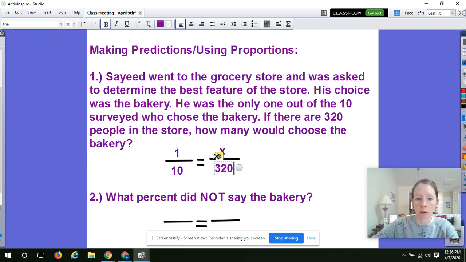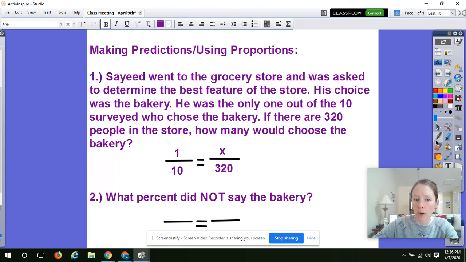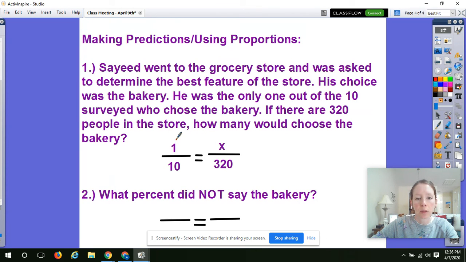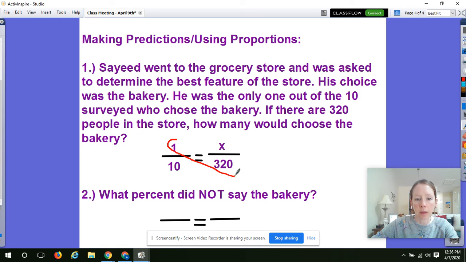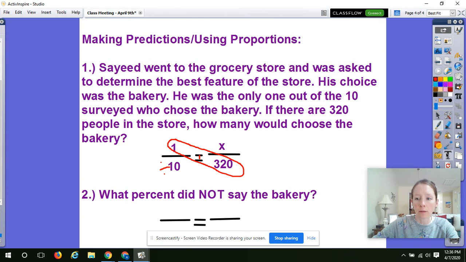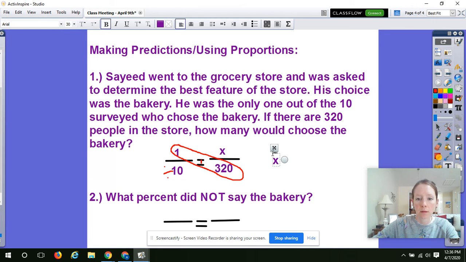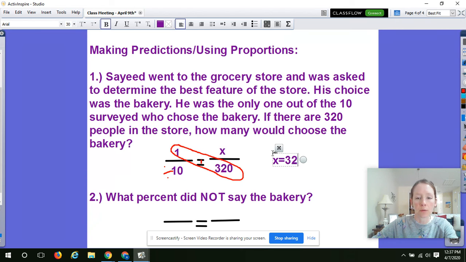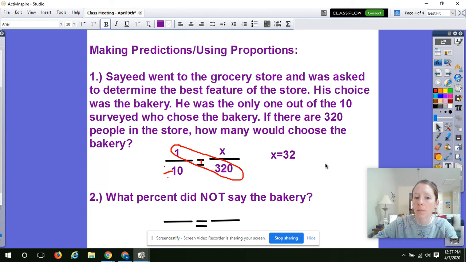So see, this is a little proportion. Remember how to cross multiply? So multiply these two together, right? And then divide by 10. And your answer would be 32. So about 32 people would probably say the same.